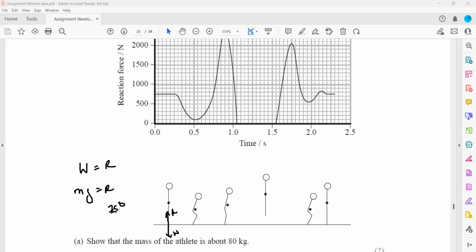So 750 equals mg, with gravity 9.81, and the mass we want to find. So it will be 750 divided by 9.81. When we divide 750 by 9.81, we get the mass of this athlete, which is about 76.5, which is about 80. 76.5 kg.